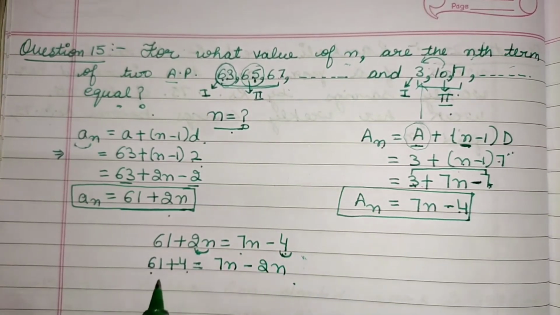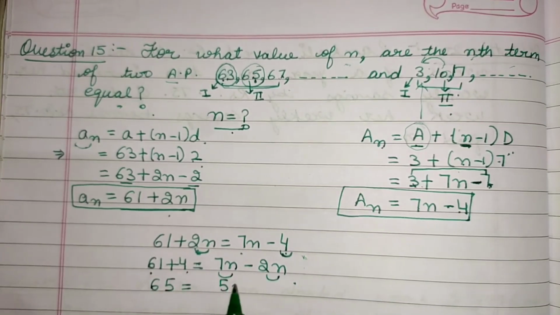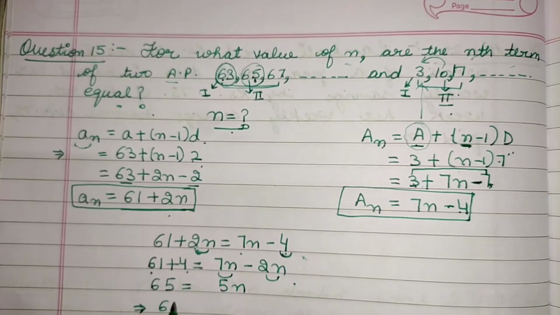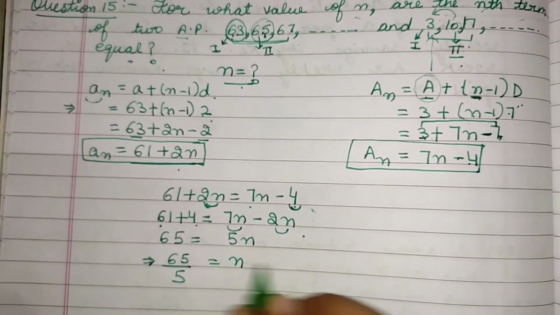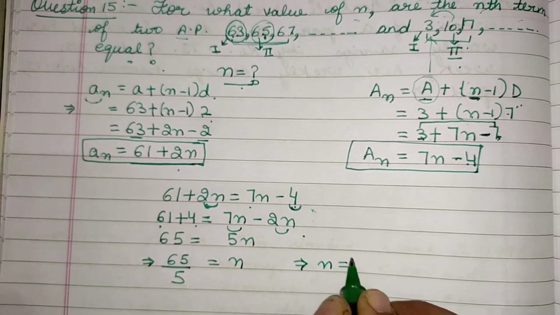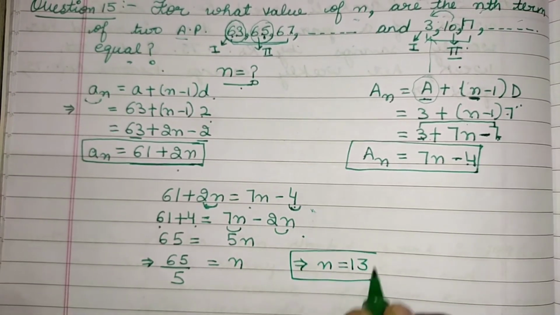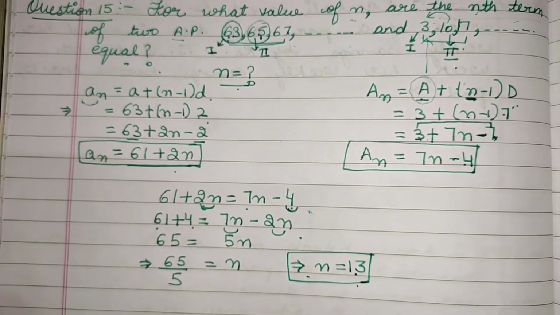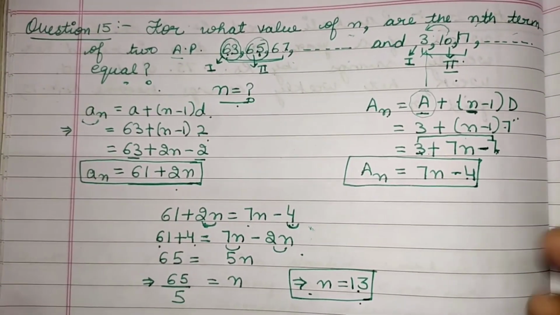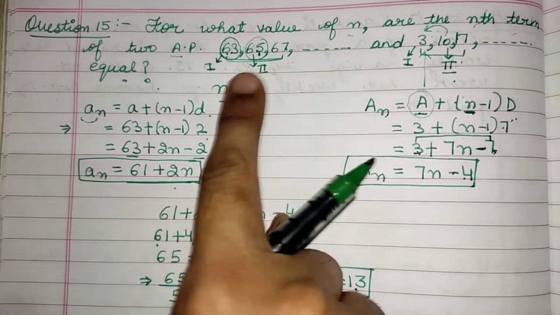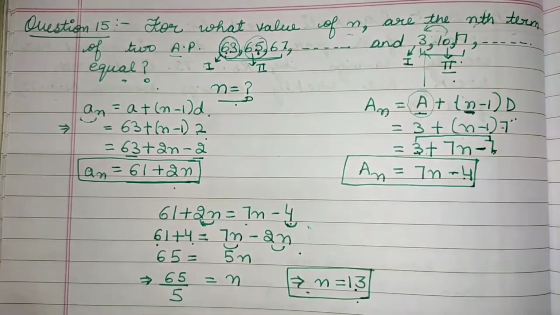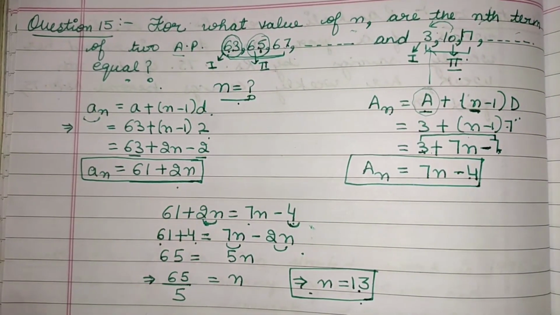So 61 plus 4 will become 65, and 7n minus 2n will become 5n. So I will get 65 by 5 is equal to n. So my n will be equal to 13. So there are a total of 13 terms, so the 13th term of both the APs will be equal to each other, right?